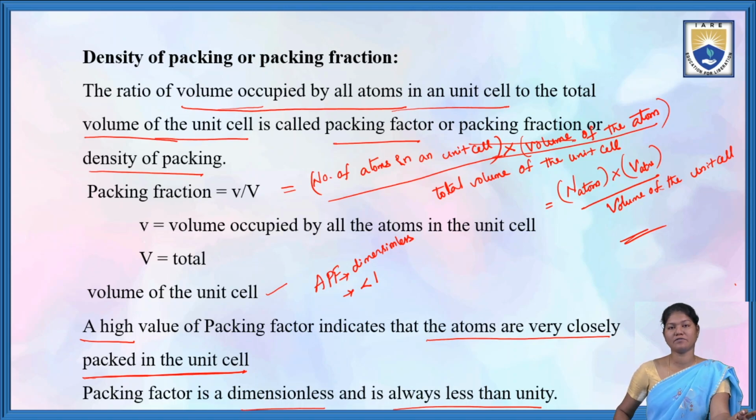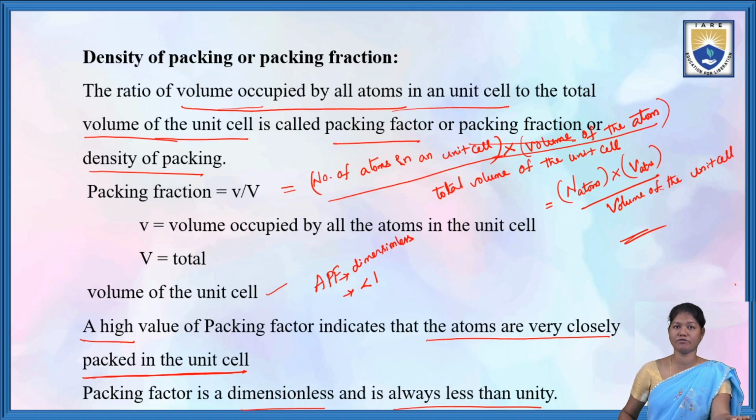This atomic packing factor gives how much the atoms are packed in a crystal, whether it is tightly packed or loosely packed. If the atomic packing factor has a high value, then it indicates that the atoms are very closely, very tightly packed inside the unit cell or crystal.